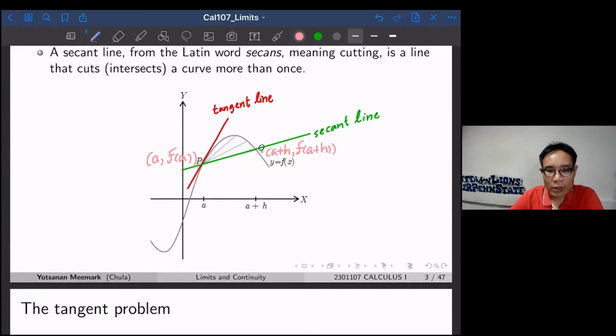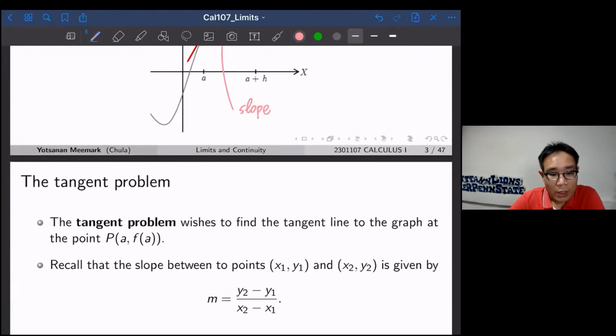If you find the slope of the line joining P and Q, recall your slope a little bit. If we have 2 points, (x1, y1) and (x2, y2), I think I made a mistake here, this one must be 2.